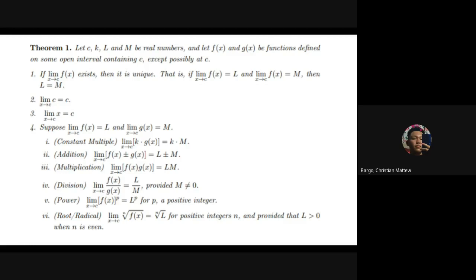So these are the limit theorems, the ones that I sent last night. I hope you were able to read and do some practice exercises. These are common limit theorems that we are going to use all throughout this discussion.